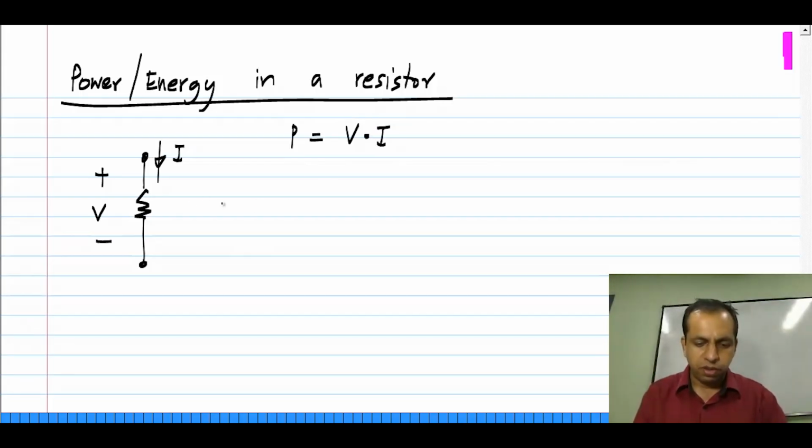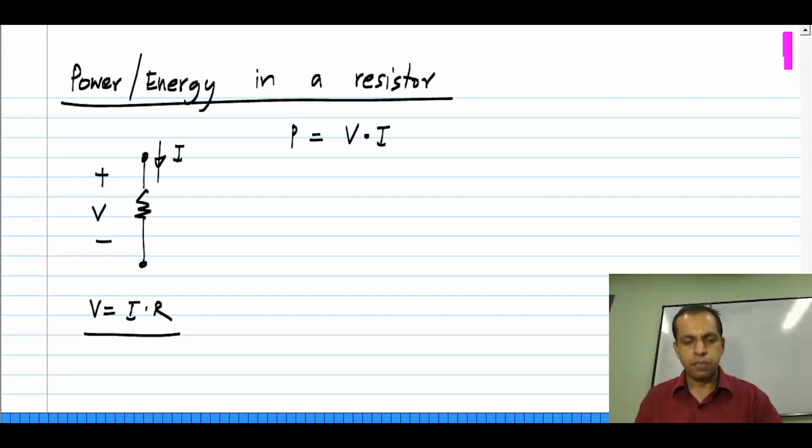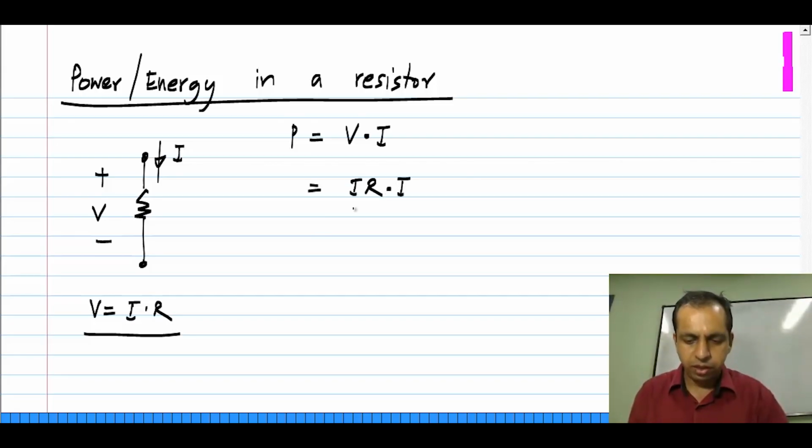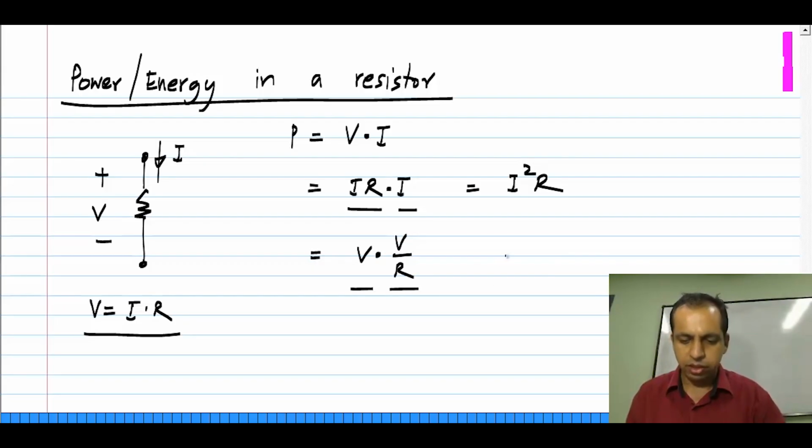But now, for a resistor, the voltage is current times the resistance, so this can be written as IR times I, which is I square R. Alternatively, it can be written as V times V by R, which is V square by R.